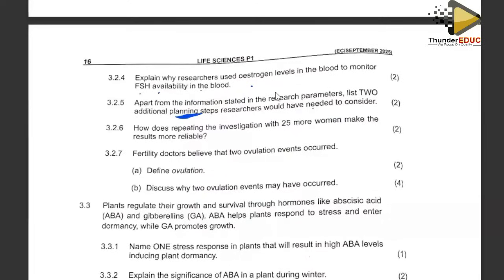Remember we say repeat the investigation. So when you repeat the investigation, you check the trend. How are they moving? So you reduce the risk of random errors. You improve the accuracy of the results because you are repeating.